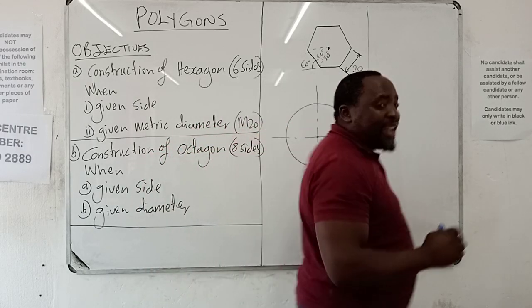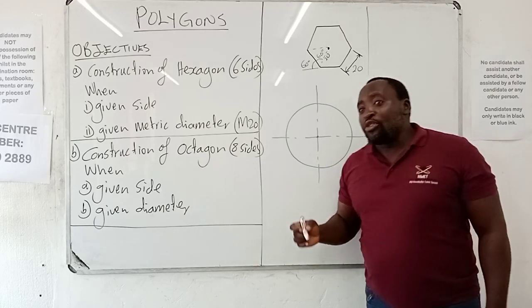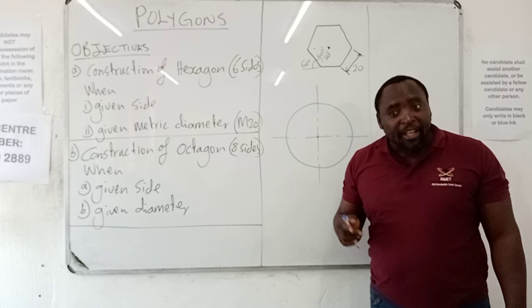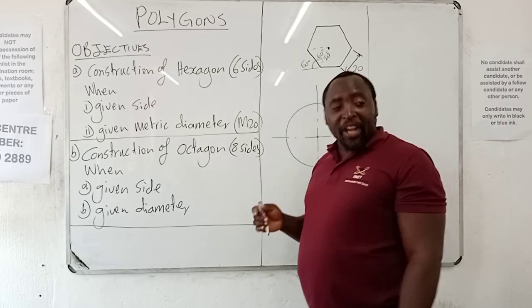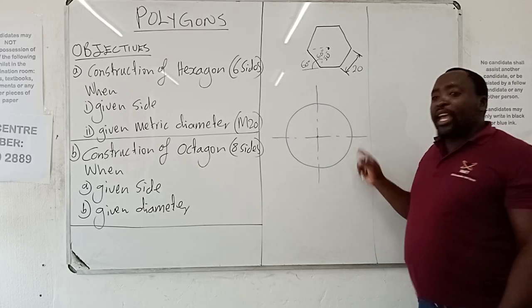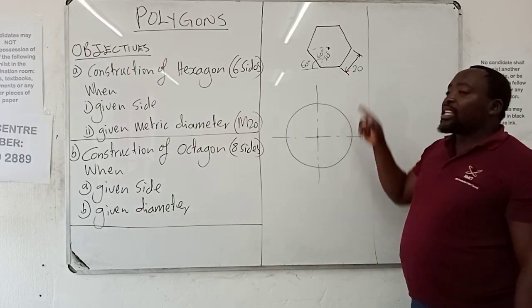Draw a circle. That is why I've been explaining draw freehand, freehand, freehand. It's because of this. You'll be teaching and you'll be using freehand. You need to practice that. Okay? So you draw a circle, 20 radius.